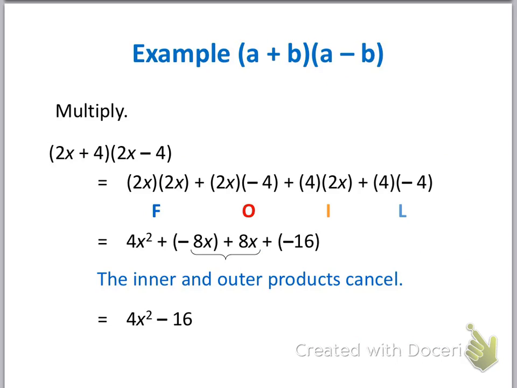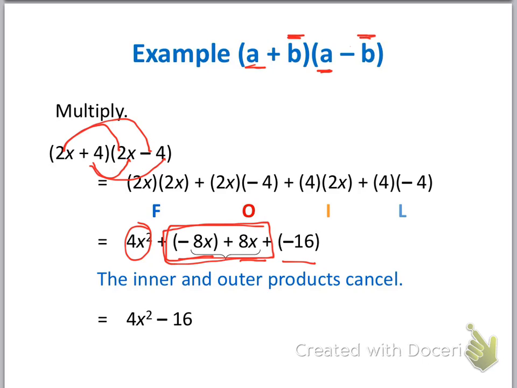Alright, so in this one you've got A the same and B the same, but you have a plus and a minus sign. This is different from the previous one because you've got one plus and one minus. So what you'll notice is if you were to FOIL it, you get 4x squared minus 8x plus 8x minus 16. And what you'll notice then in this pattern, the middle two terms will cancel each other out.